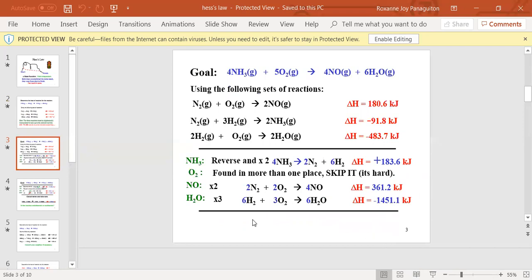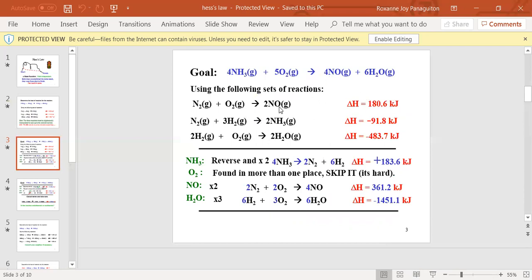After reversing and multiplying the second equation, what you are going to do next is, you have to look at the products. Okay, so in the products, you have nitrogen oxide, okay, and water. Now, if you look at the three equations, where can you find nitrogen oxide? Yes, it is found on the first equation, okay?